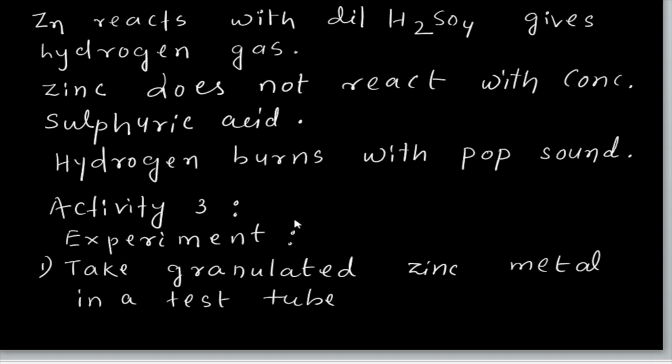Remember, zinc always, you should write dilute sulfuric acid, otherwise it has the wrong meaning and you will get 0 marks. It will only react with dilute sulfuric acid. What will it give? Hydrogen gas it will give.